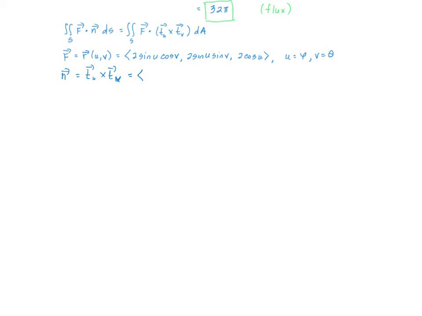It's going to be 4 sine squared u cosine v. Again, we derived this before, so I'm just using what we had in previous sections. But you can go ahead and verify and compute this again.